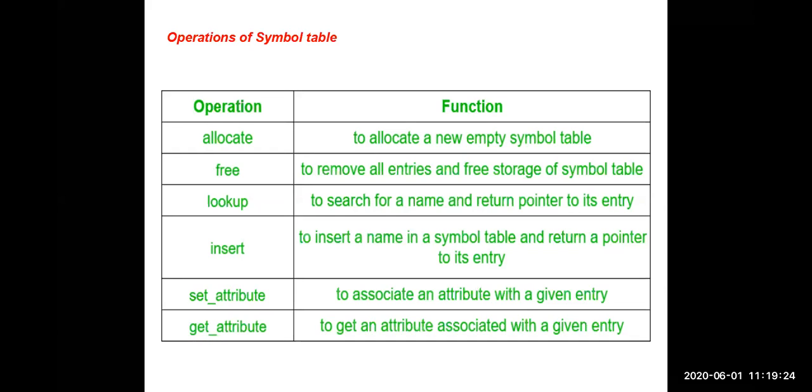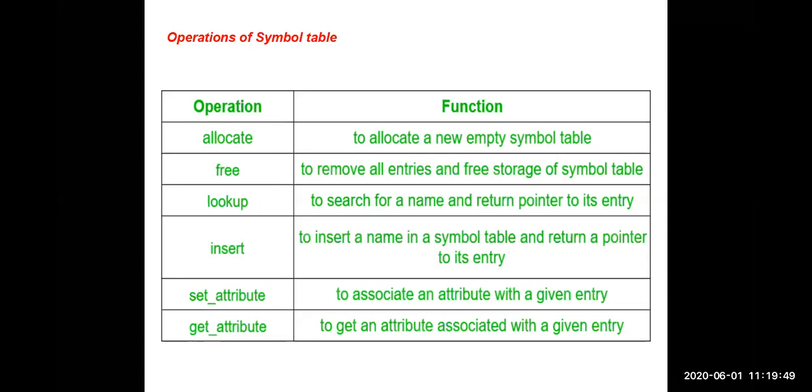Attributes of the function means what parameters are passed, how many parameters, what are the data types, what is the type of parameter passing, and what is the return type. To store all those values, set attribute is used to store the information about the identifier we have added.